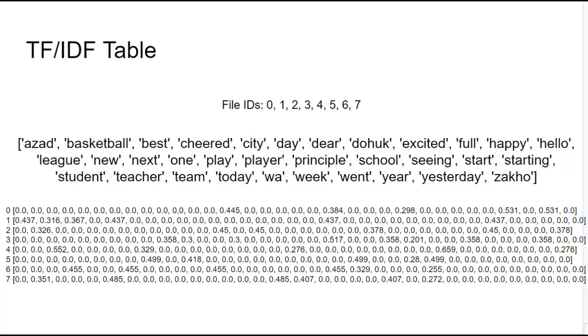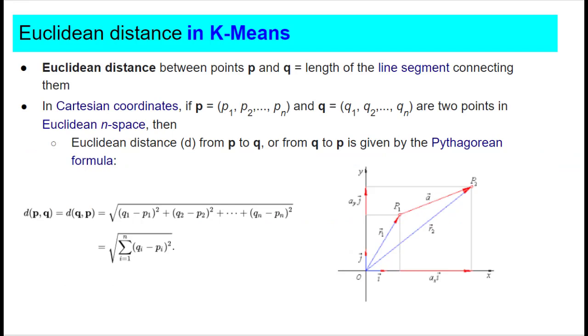For the k-means algorithm, the default distance metric is Euclidean. You might use cosine or others; a long list of distance and similarity metrics can be used.